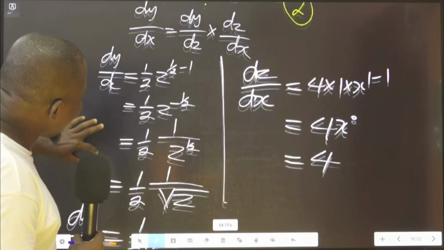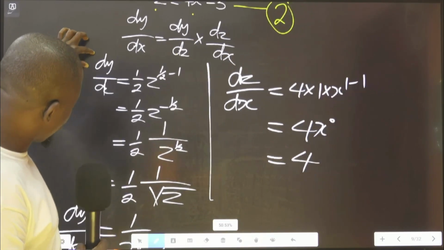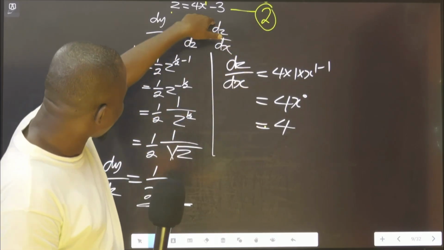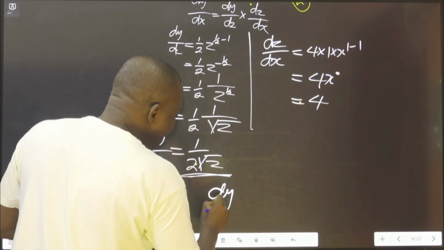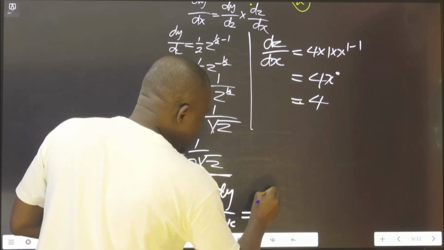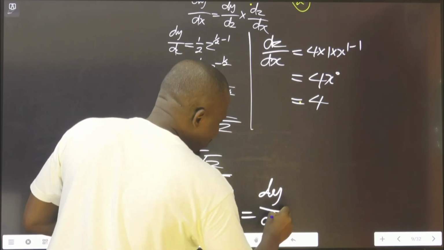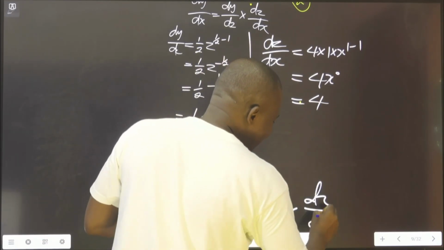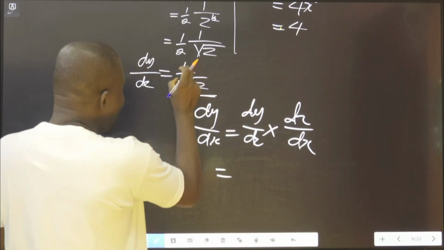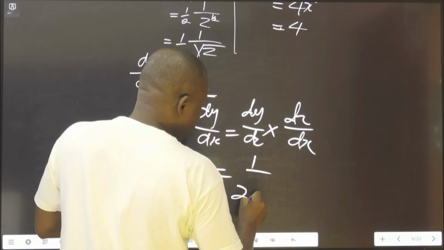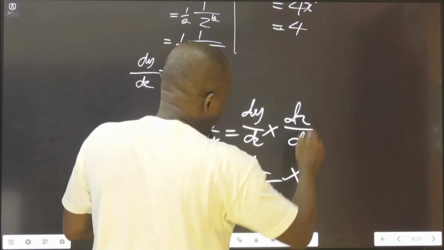So finally, we can now substitute this and this back to this place. That is to say, finally, our dy over dx, which was dy over dz multiplied by dz over dx, is equal to this, 1 over 2 square root of z, multiplied by 4.